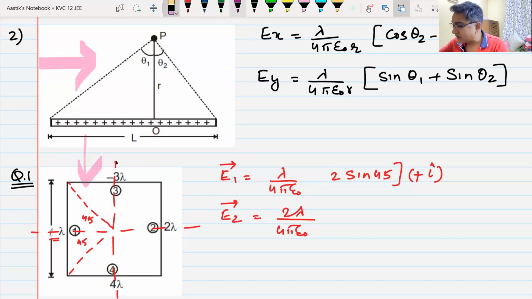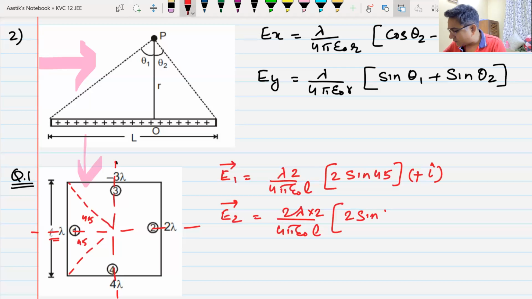So instead of this r, and these are the simple things where we might make a mistake, in place of this r, we must write L by 2. Do we understand this? Yes, sir. Okay. Similarly, for this, it will be L by 2. So again, 1, 2 will come, and this will be equal to 2 times sine 45. And this would also be along plus i.